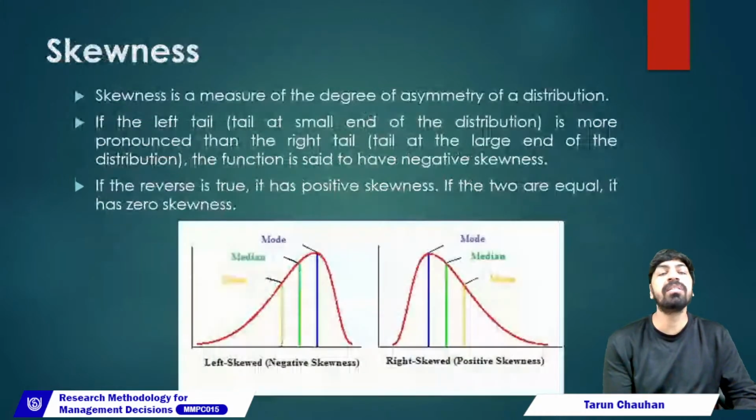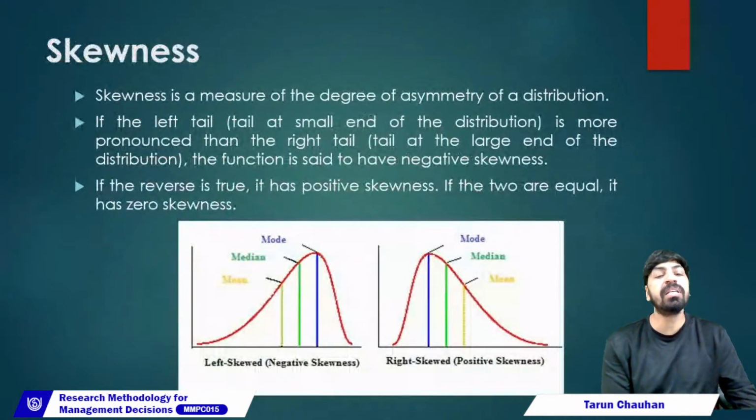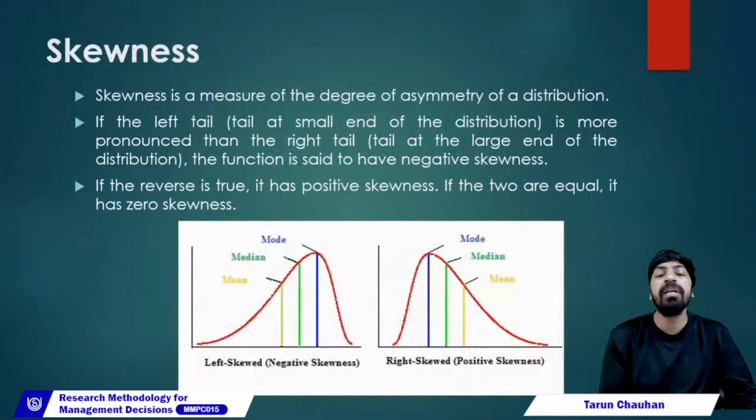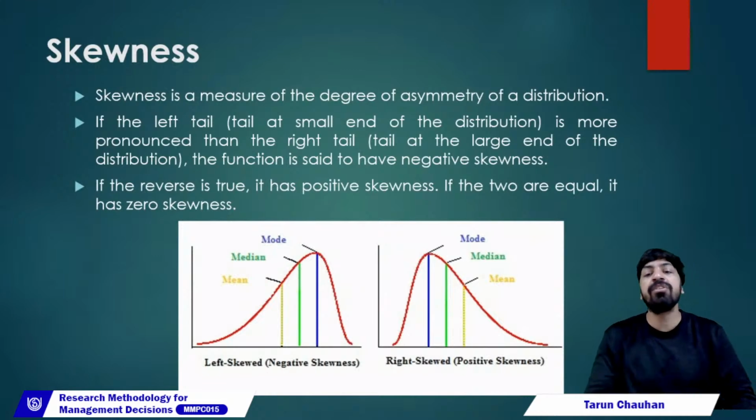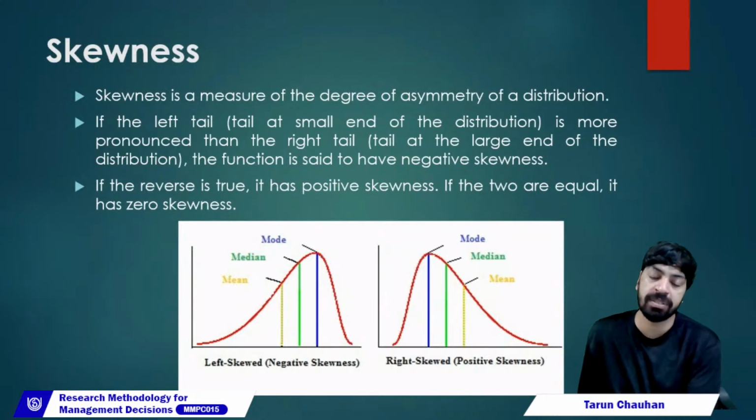Skewness. Skewness is another measurement tool which tells us how symmetric or asymmetric a data set is. There is the left skewed distribution and the right skewed distribution.